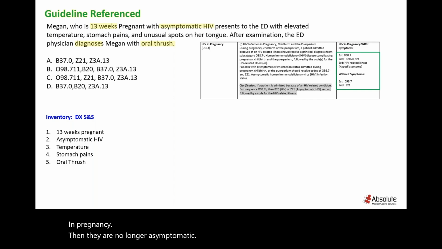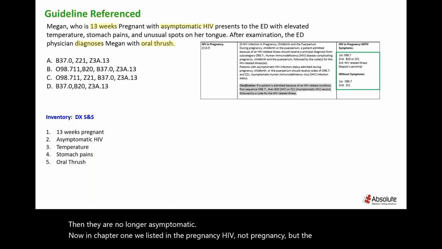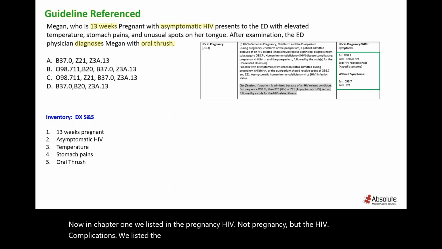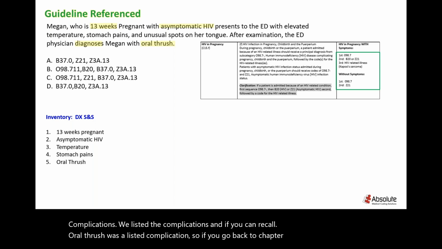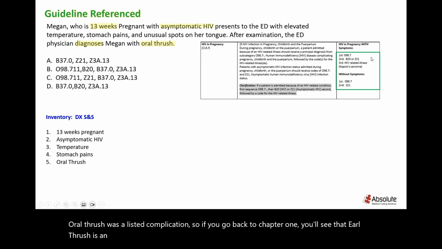Now, in chapter 1, we listed the HIV complications, and if you can recall, oral thrush was a listed complication. So if you go back to chapter 1, you'll see that oral thrush is an HIV complication.